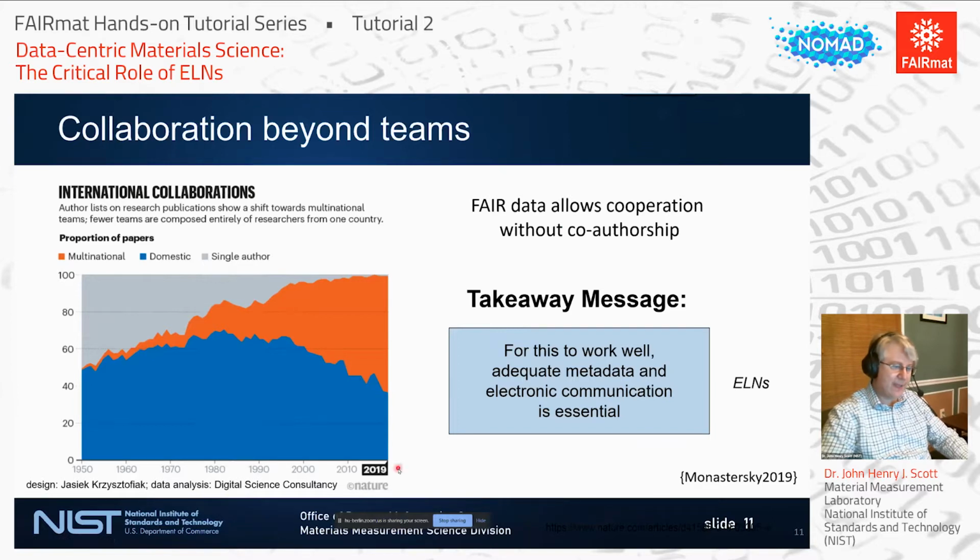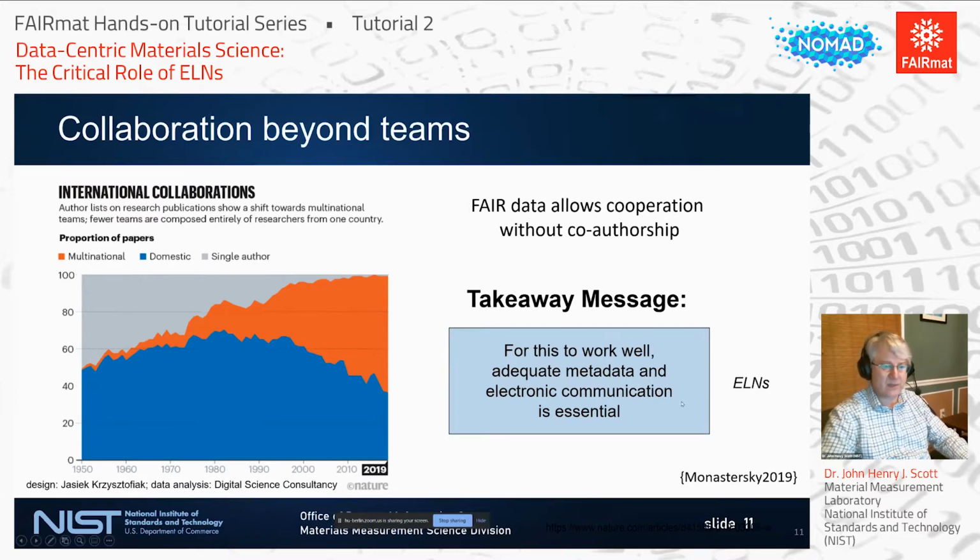If we now look at moving this x-axis up to 2019, almost the present, the full data set that's in the reference here, we see that the single author slice has gone to near zero, and that this trend of global cooperation is increasing and is eating into even the domestic fraction of what's going on.